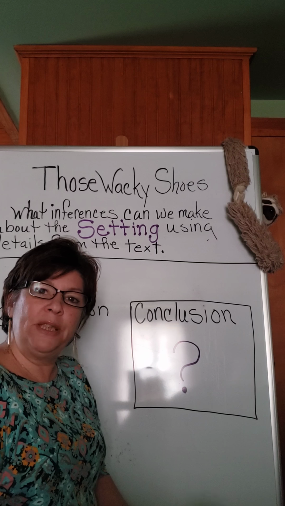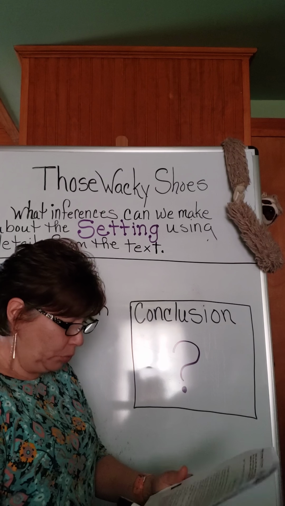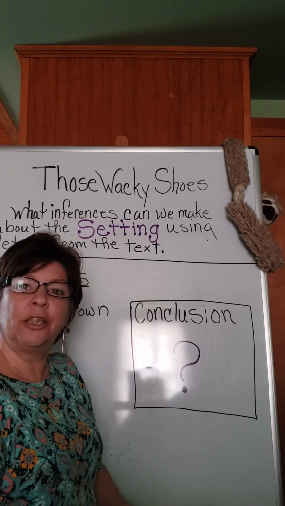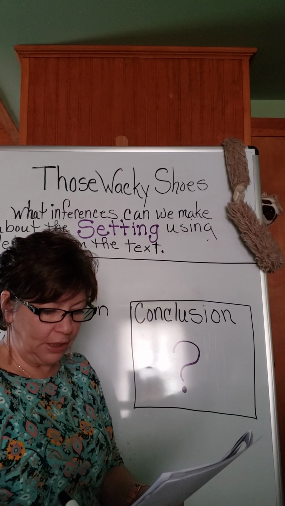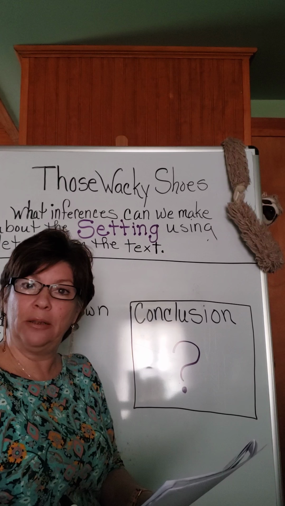I'm going to jump down to sentence 4. The shoes walked me up Main Street, nice and slow. After a few blocks, they turned my feet left up Pine Street.